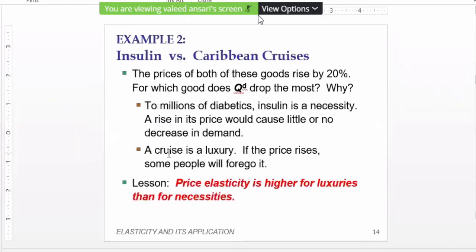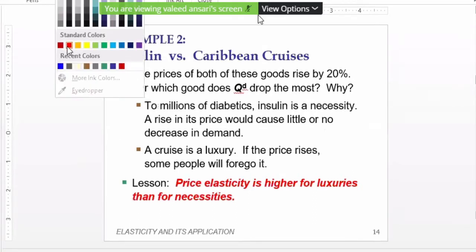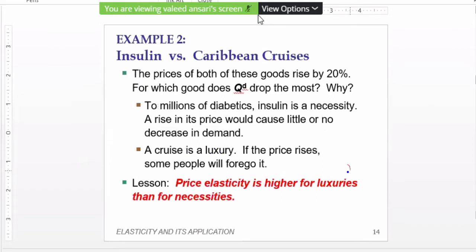Then the second important determinant is whether the good in question is a necessity or otherwise. Here two examples are insulin and cruises. Even if the price is increased, those who need insulin may continue to use it, whereas people can postpone a Caribbean cruise, which is a luxury product.